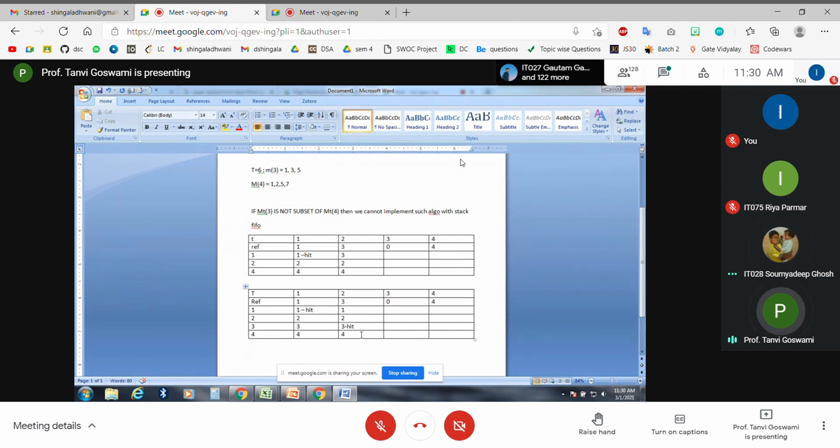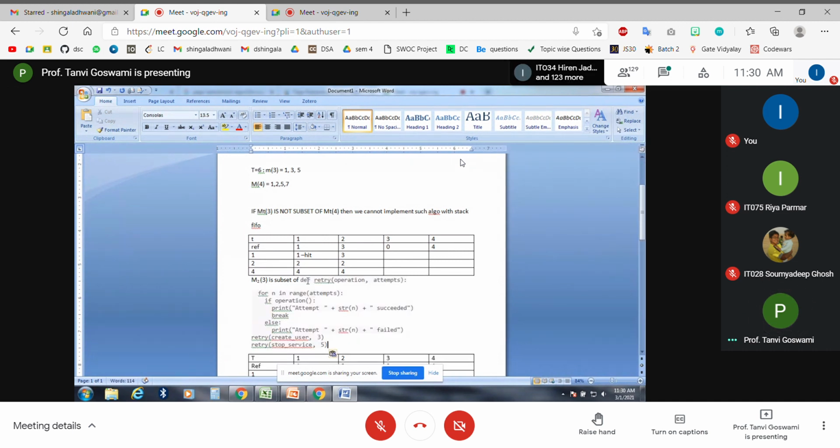At time t equal to 2, the memory with capacity of holding 3 frames is a subset of the memory with frame capacity equal to 4.